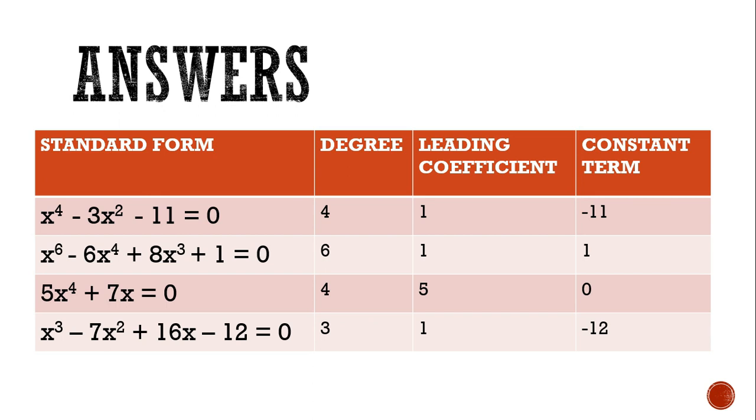Number 2 is arranged in standard form as x raised to 6 minus 6x raised to 4 plus 8x cubed plus 1 is equal to 0, having the degree of 6, leading coefficient of 1, constant term of 1. The standard form of number 3 is 5x raised to 4 plus 7x is equal to 0. It has a degree of 4, a leading coefficient of 5, and a constant term of 0.